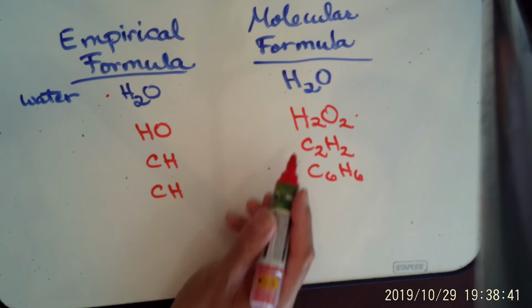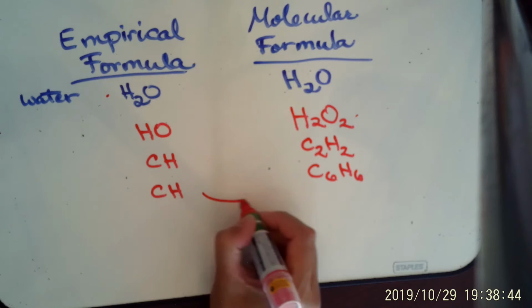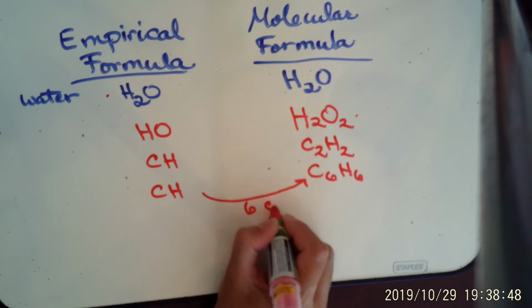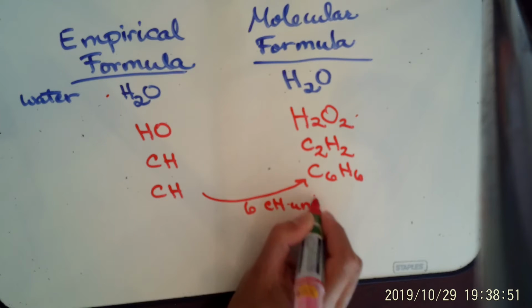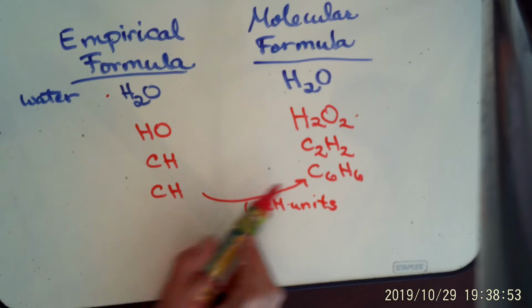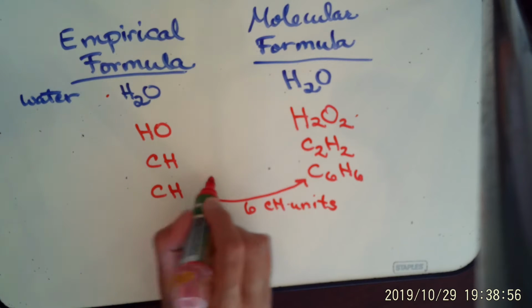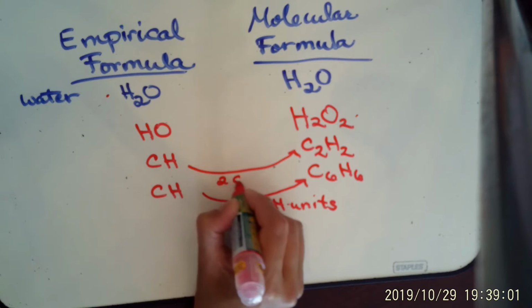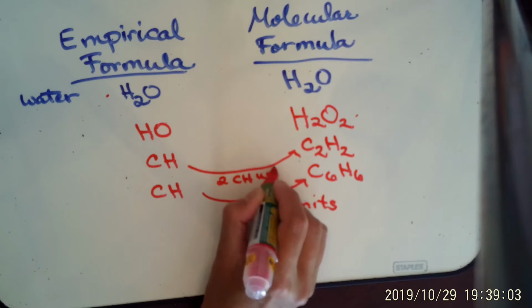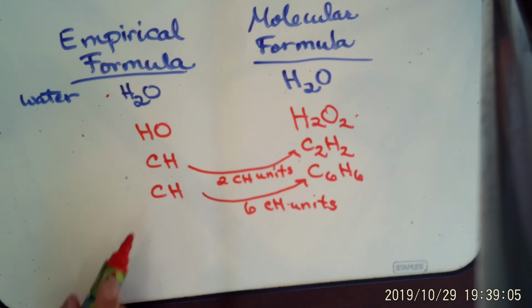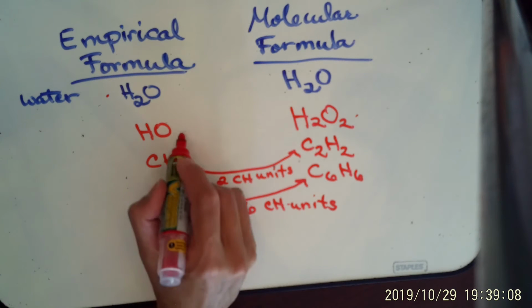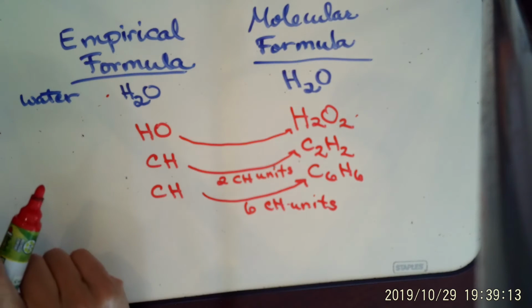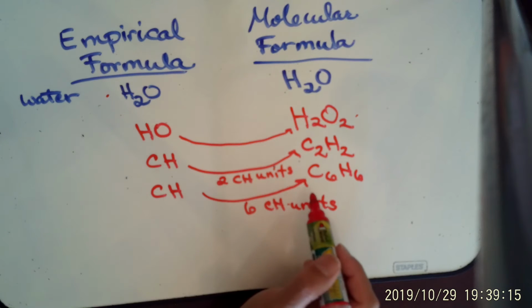To go from empirical formula to molecular formula, I need 6 CH units to go from CH to C6H6. And from here, I need 2 CH units. One of the reasons we're so busy looking at empirical formula is that it's the smallest little group that I need to make my molecule.